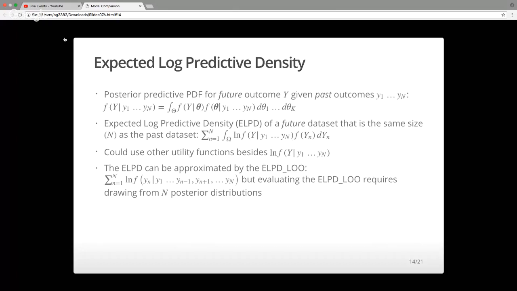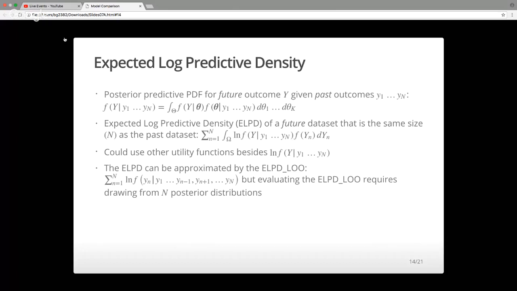on this predictive density. And so this quantity, the ELPD, can be approximated, under the assumption I was saying earlier, as the summation of the logarithm of the predictive density for the nth observation, conditional on all the other observations but the nth.